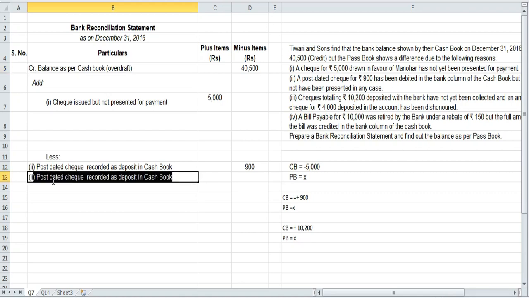So we'll write here number 3, checks deposited but not credited, and we'll write here 10,200.